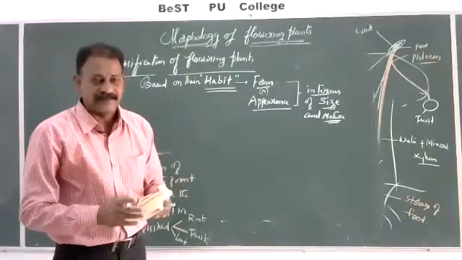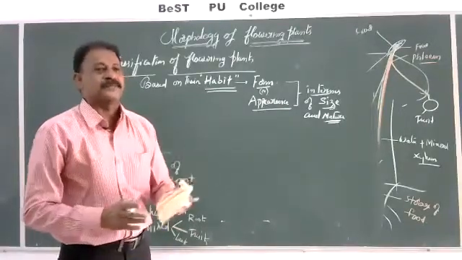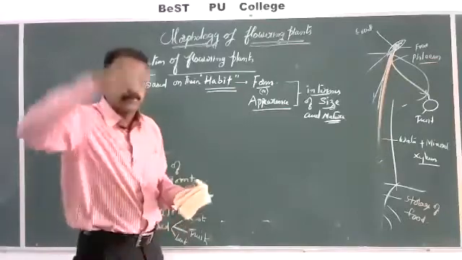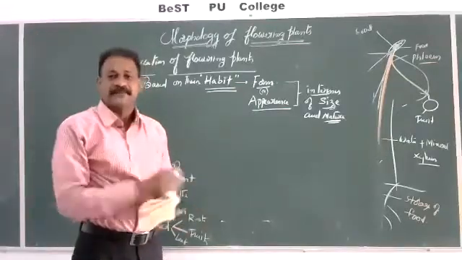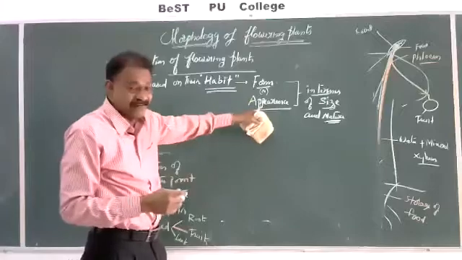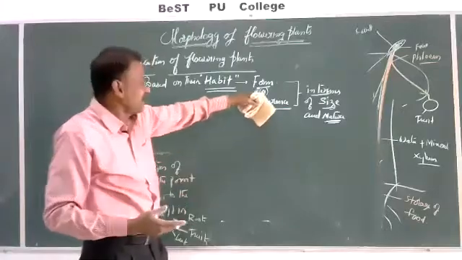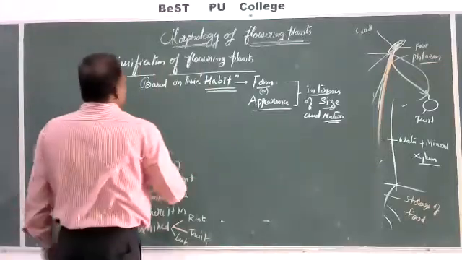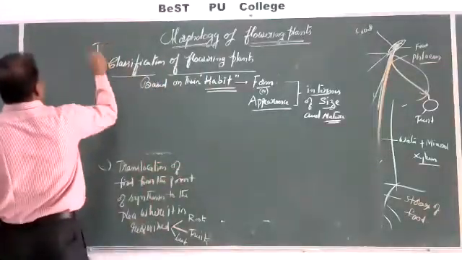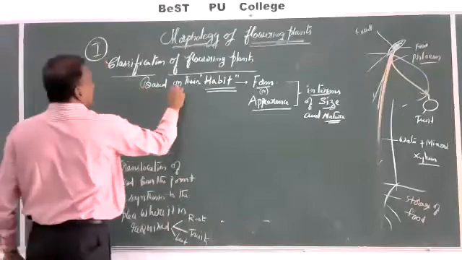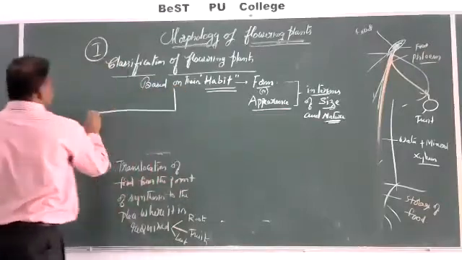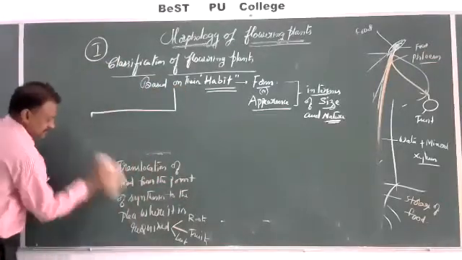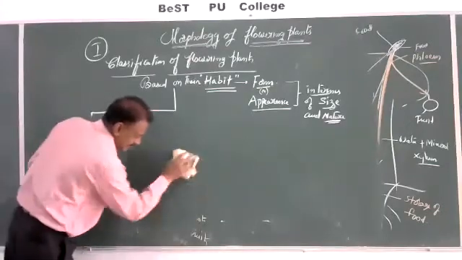Whether it is a small plant, a medium plant or a large tree, this is called external appearance in terms of size and nature. Classification of flowering plants based on their habit into three categories.